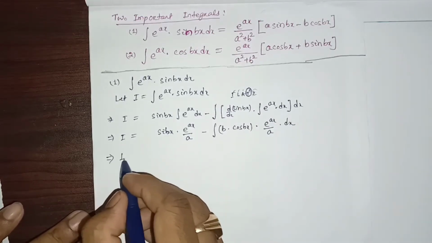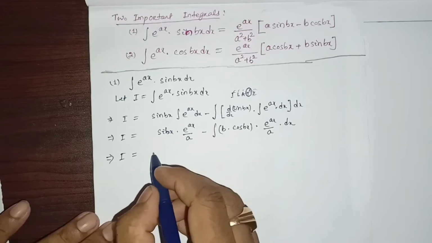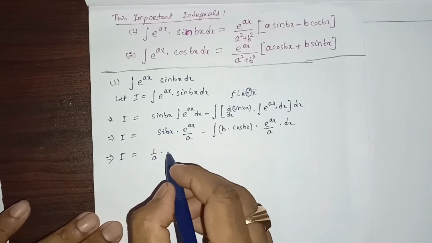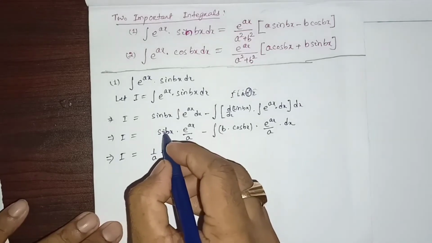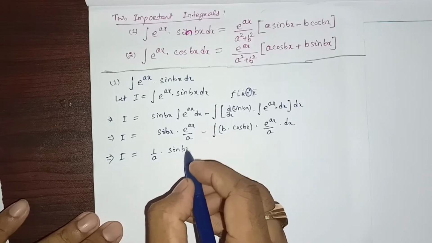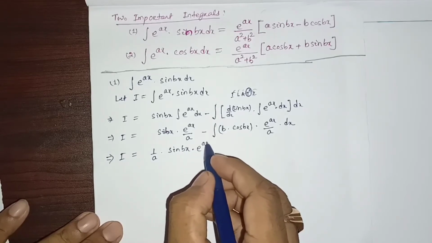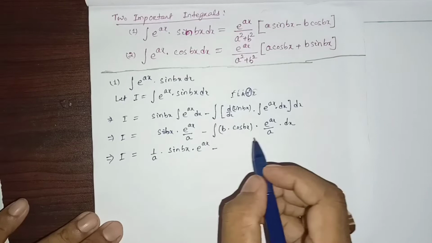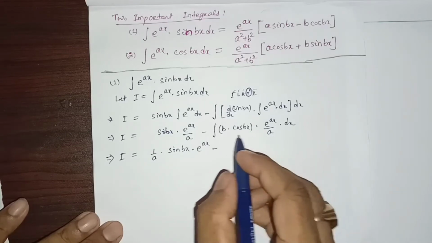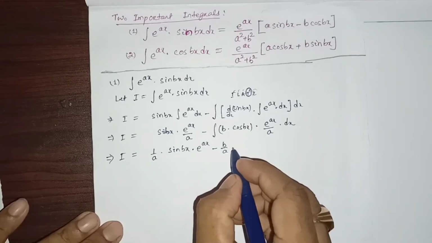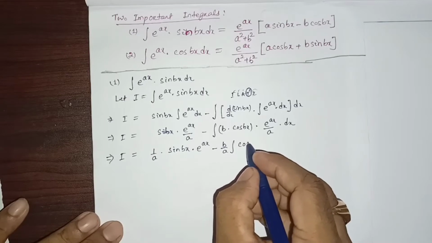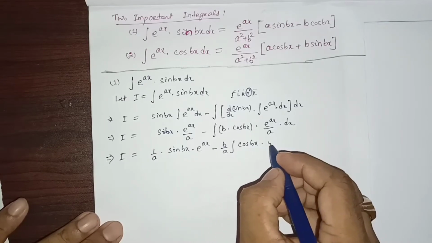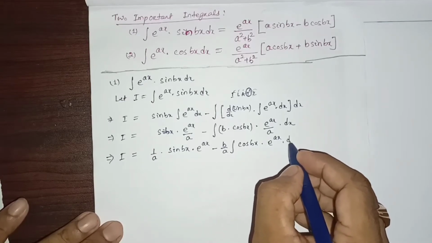That implies I will be equal to 1 by a into sin bx into e to the power ax, minus, here you can see b and a both are constants, taken outside of the integration, we get cos bx into e to the power ax into dx.